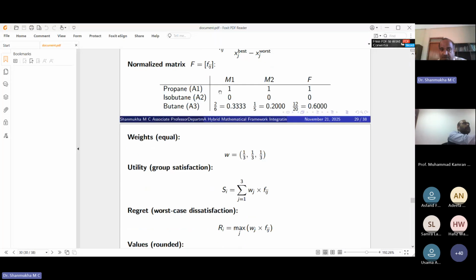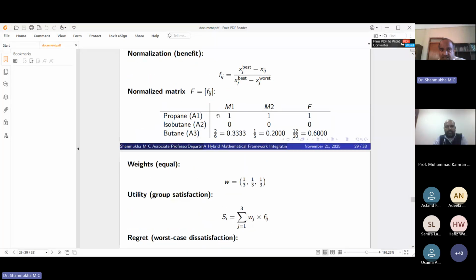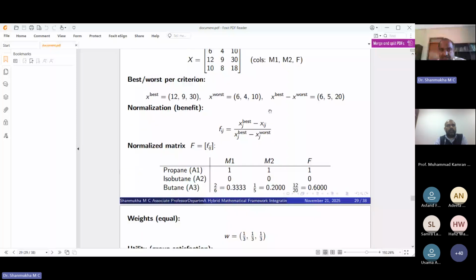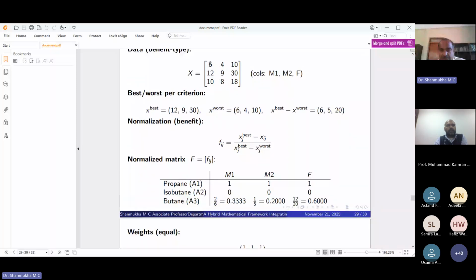For the propane structure, in the formula, Xj best 12 minus Xij, 12 minus 6, upon Xj best minus Xj worst, 6. So 6 upon 6, the value for M1 of propane, is equal to 1.